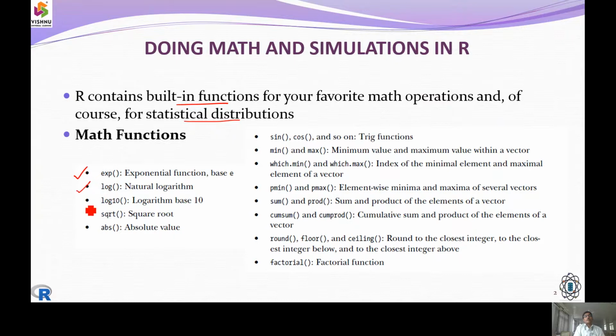Second one is log, which takes the natural logarithm, and log10 takes the logarithm with base 10. A square root function, and to bring a positive number from a negative number, we work with abs, the absolute. Minus pi, we convert it to positive pi. For that, we use the absolute.